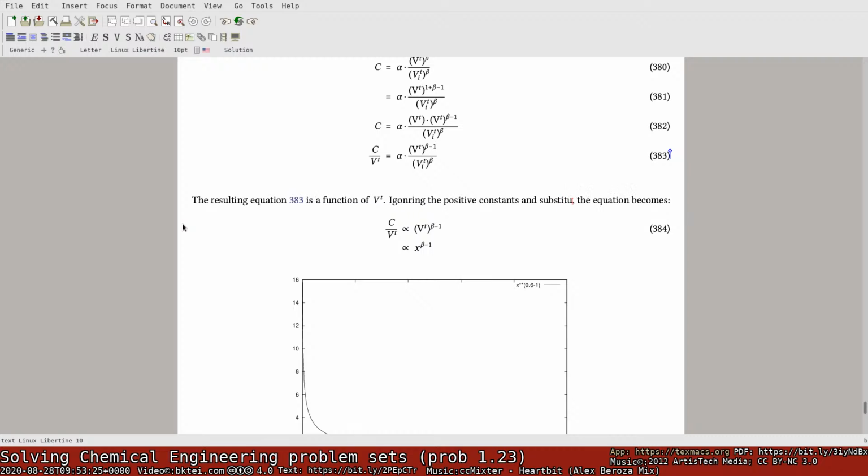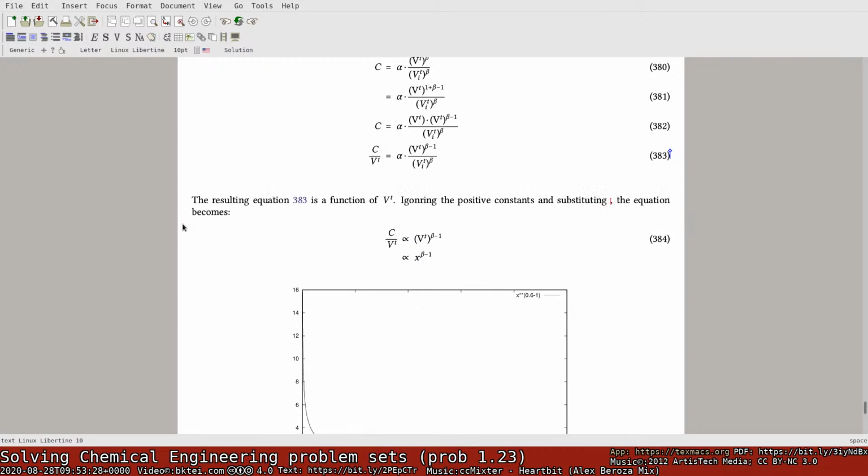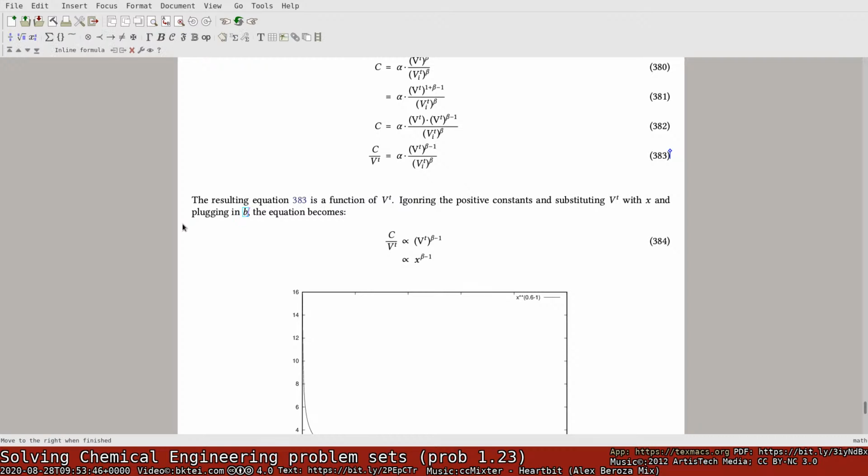and substituting V superscript T with X and plugging in, becomes that.